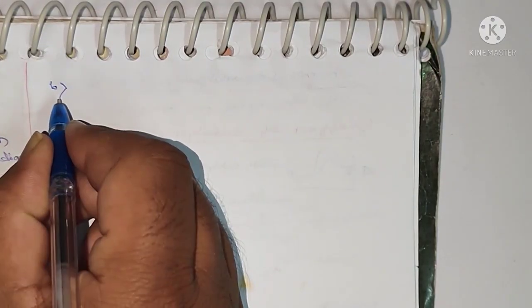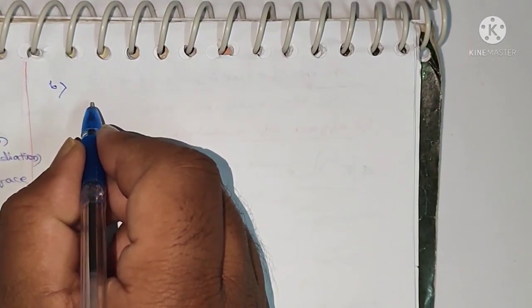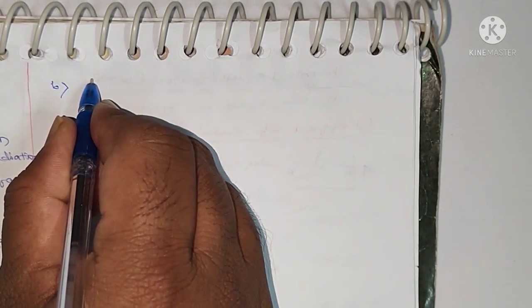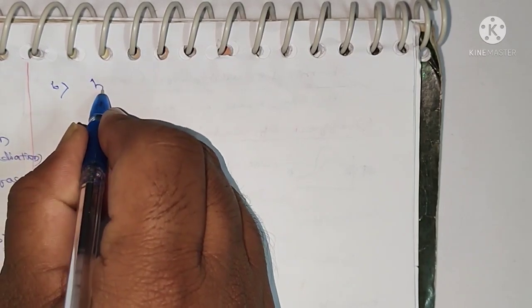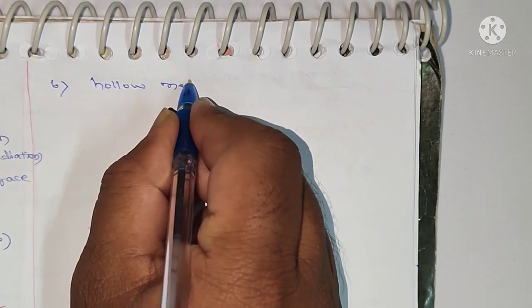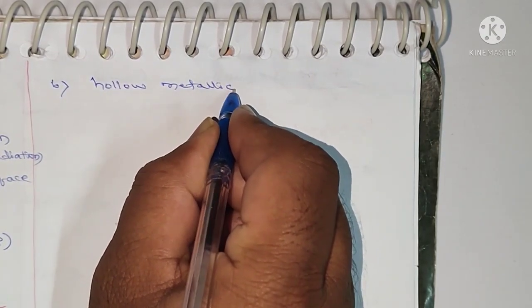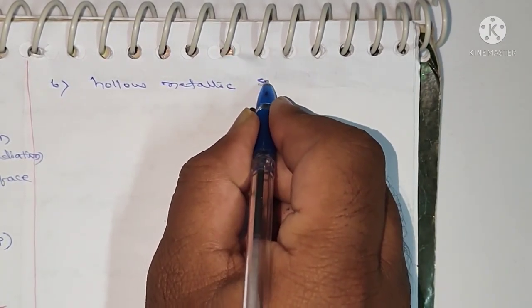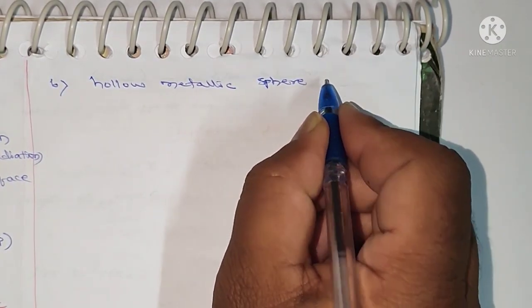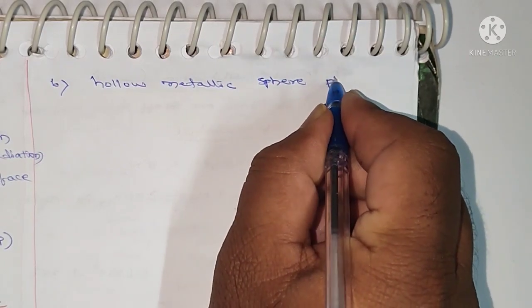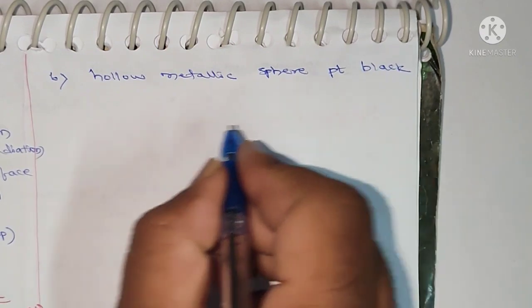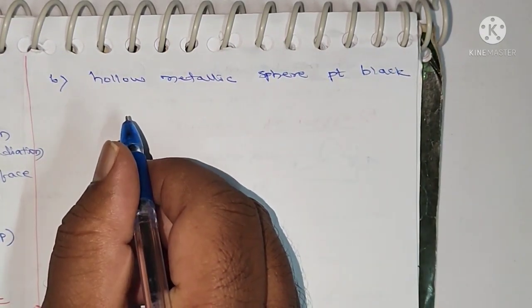And the black body is a hollow metallic sphere, coated inside with platinum black, and having a small hole in its wall.